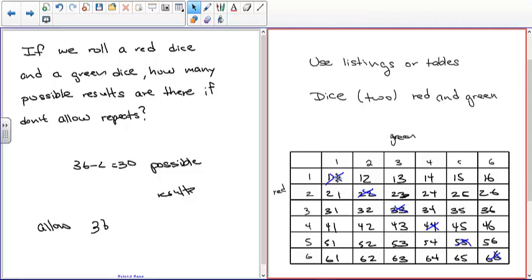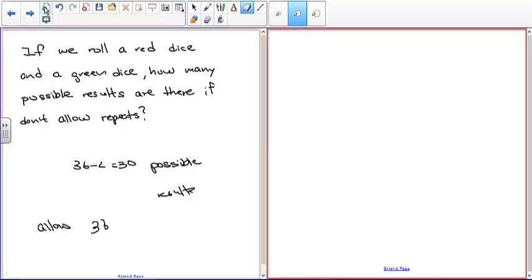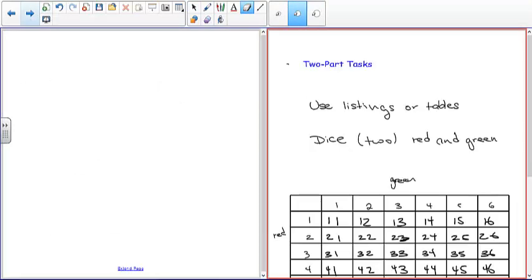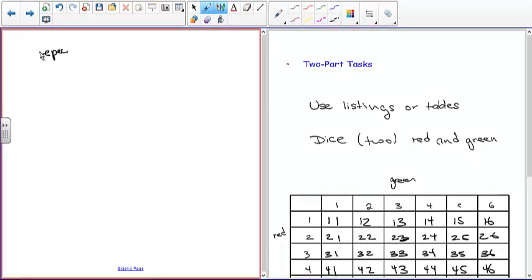So we're going to talk about 2 different cases here. What's another definition of repeats? Well, a repeat would be 1, 2, or 2, 1. It has the same 2 numbers. They're just in a different order.